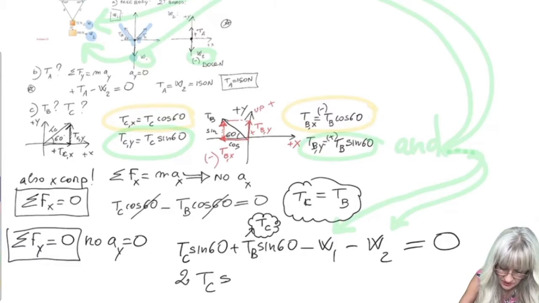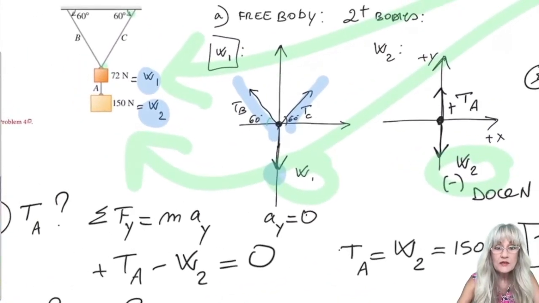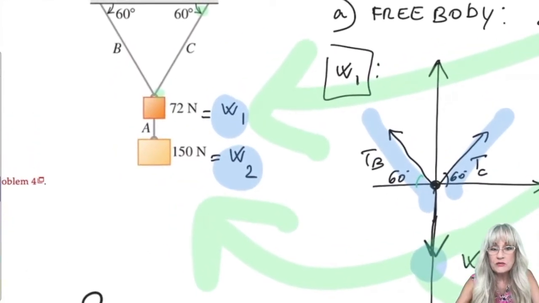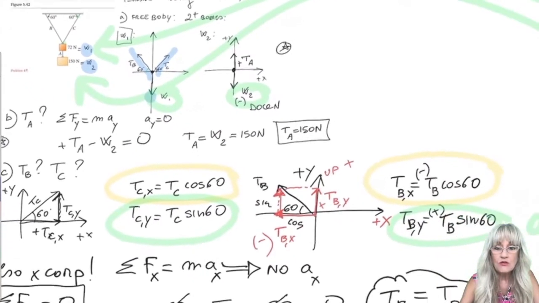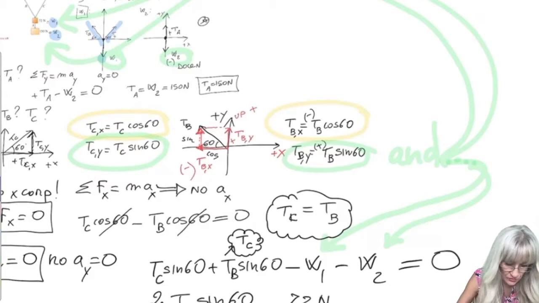Twice T of C sine of 60 minus, what was the weight of W1? It was 72 and the other one was 150 right there. So I'm going to subtract weight 1, 72 Newton, minus 150 Newton.